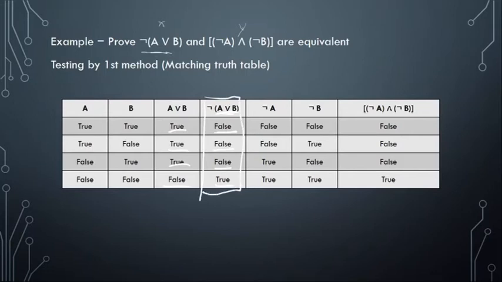Then let's break down not A: not true is false, not true is false, not false is true, and not false is true. Next, not B, using the values of B: not true is false, not false is true, not true is false, and not false is true.